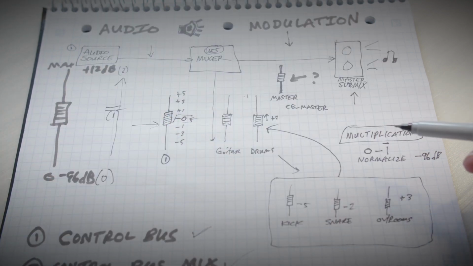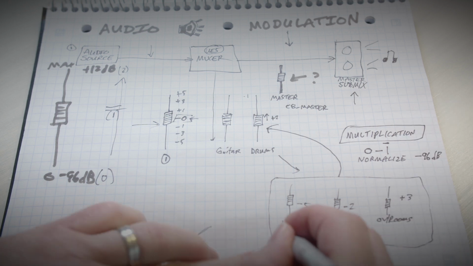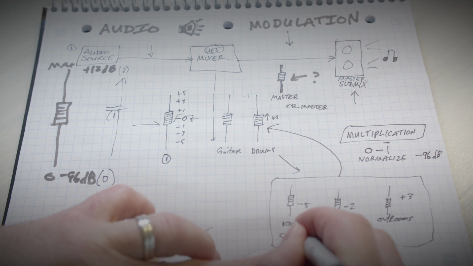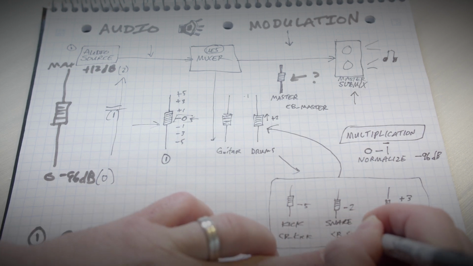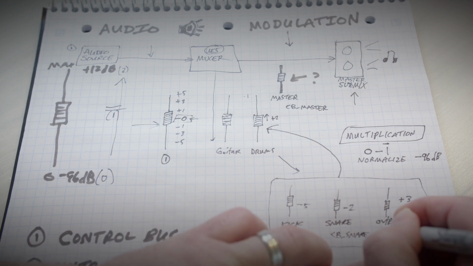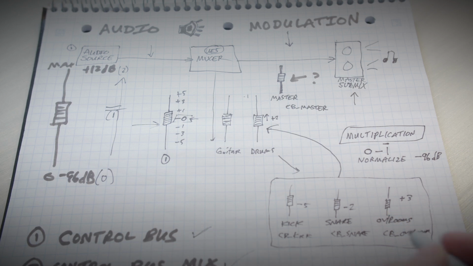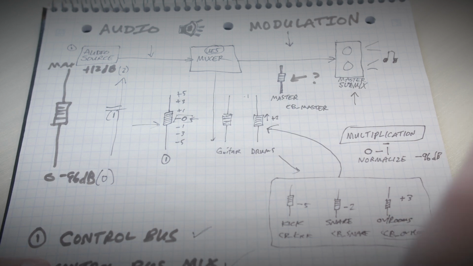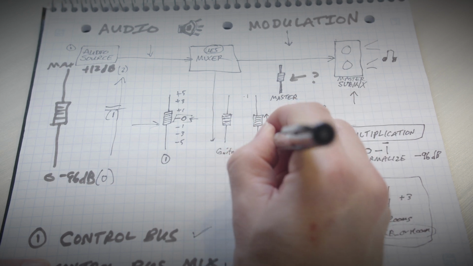And so the way multiplication works is if we set up a control bus to control the kick, so let's add a control bus kick, and let's add a control bus snare, and let's add a control bus overhead room. Now these sounds have this control bus and this CB drums control bus.